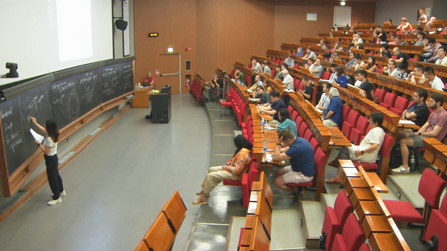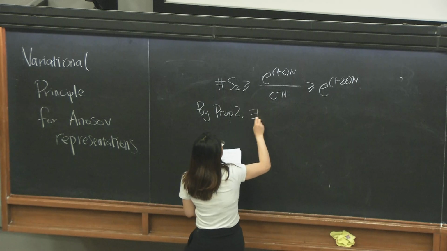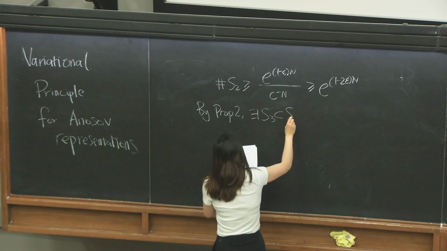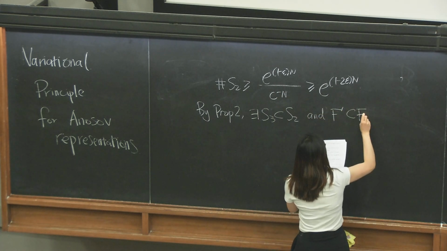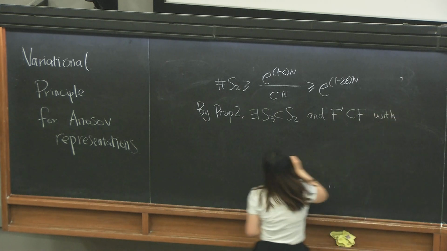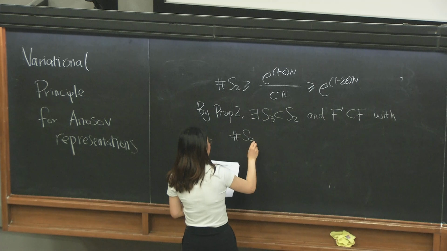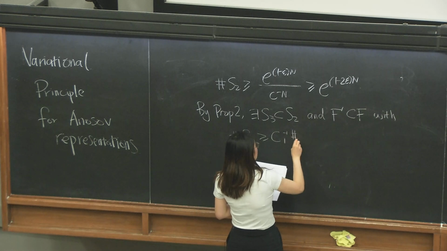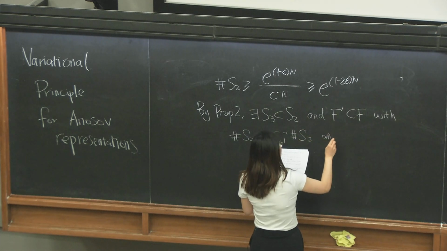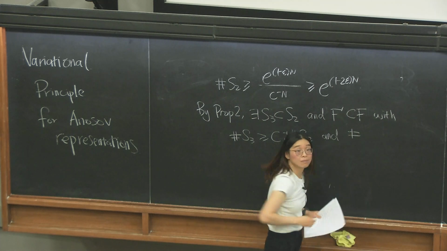By this Proposition 2, I can find a large subset in the annulus, and this F prime in this F. So the cardinality of this S3 is just some proportion of the annulus's cardinality.